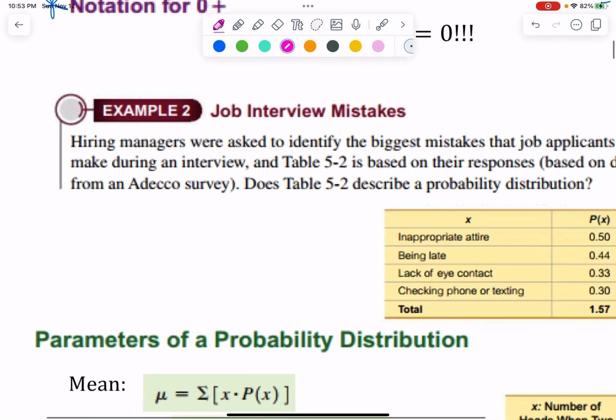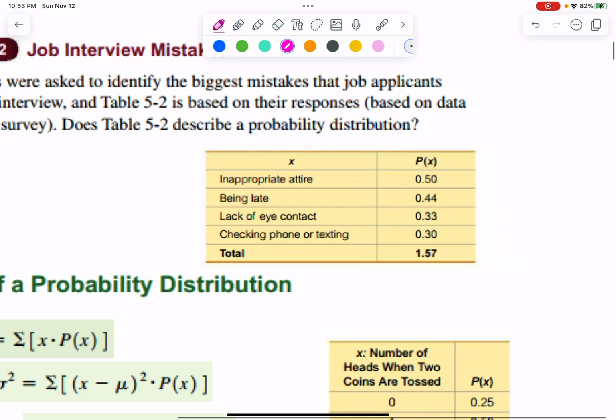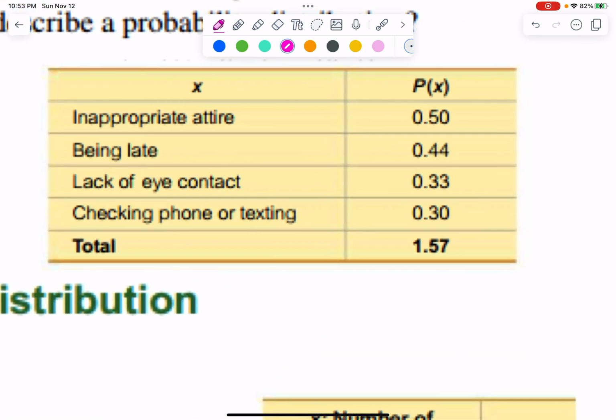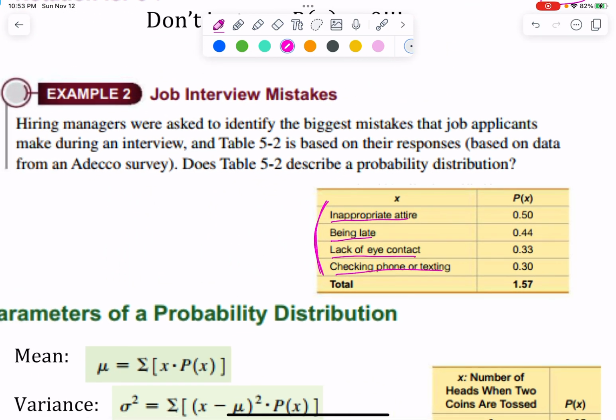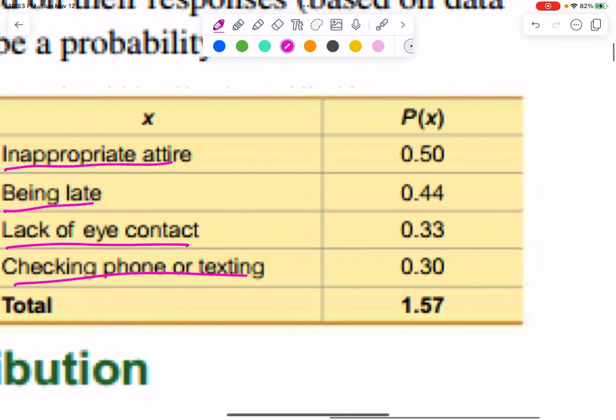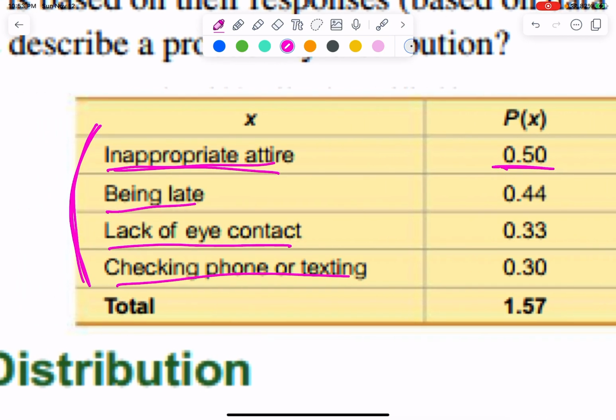Example 2 talks about this probability table, okay? Normally, like I said before, a probability distribution table should not have categories, but for some reason they're trying to do one where it has categories. And these are mistakes that job applicants make during an interview. So they say 50% of the time they were making a mistake for inappropriate attire, so not wearing the right thing. 44% of them were late to their interview.